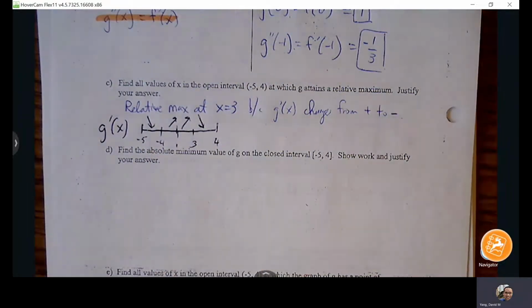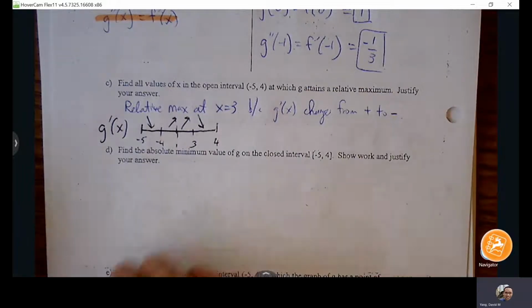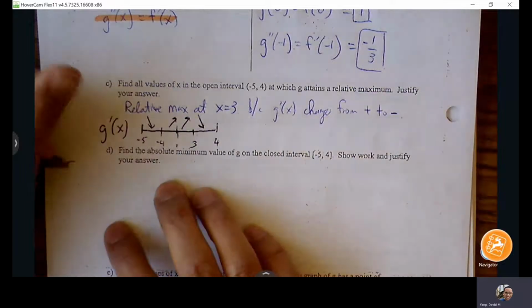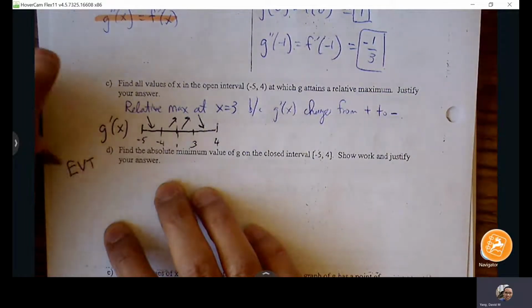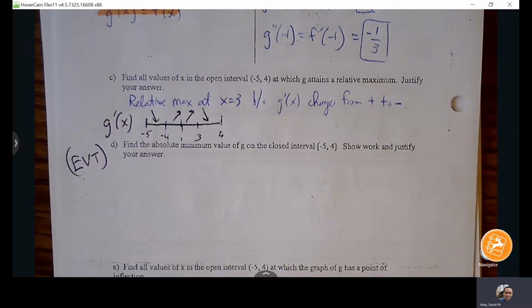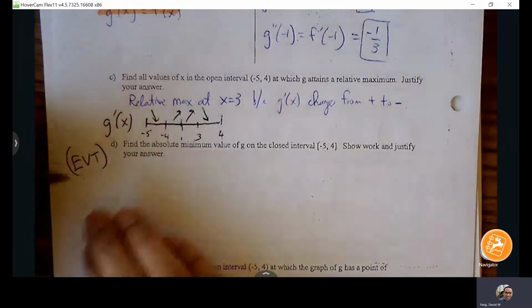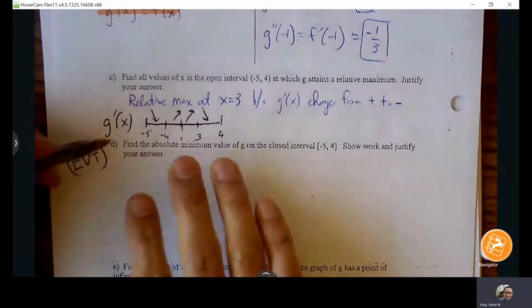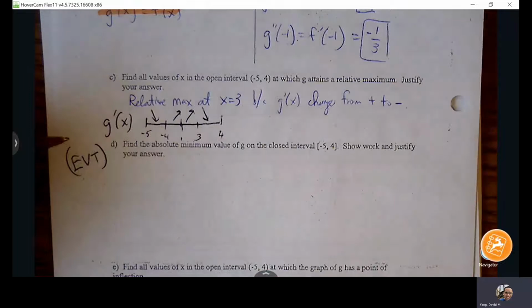So part D says find the absolute minimum value of the G graph. So for absolute minimum value, anytime you see absolute max, absolute min, that's extreme value theorem. Okay, we covered that in the first semester. So as a reminder, extreme value theorem says if I want to find absolute max, absolute min, I just have to identify the candidates and test the candidates.